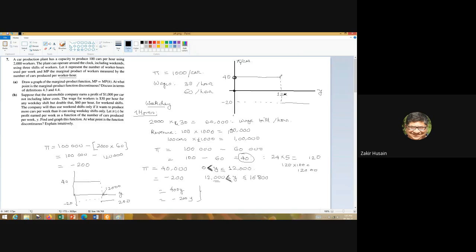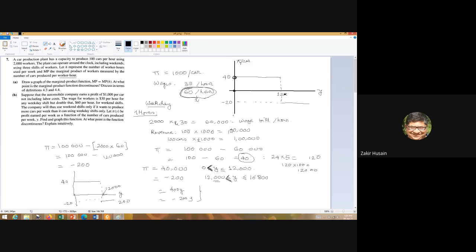Intuitively, you can see that the wage conditions are changing. The wage contract is changing, and you have to pay a higher wage, and this is causing a discontinuity.